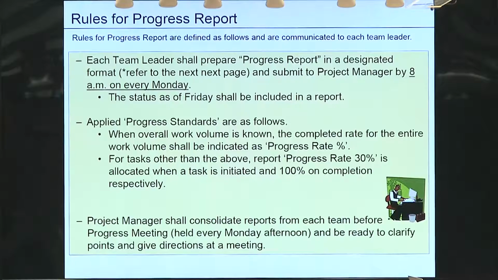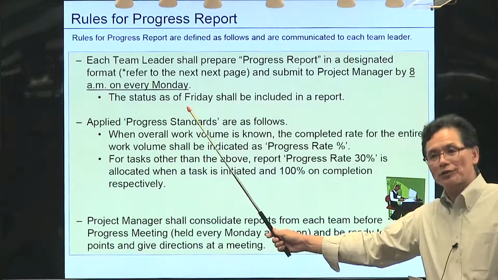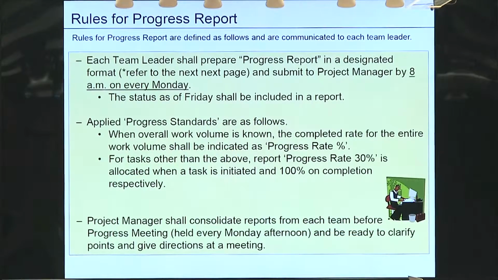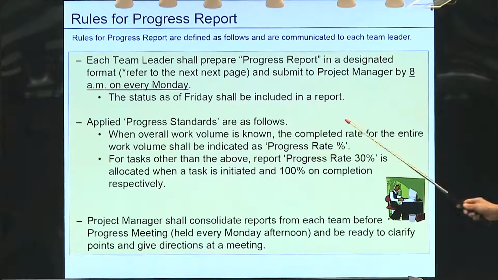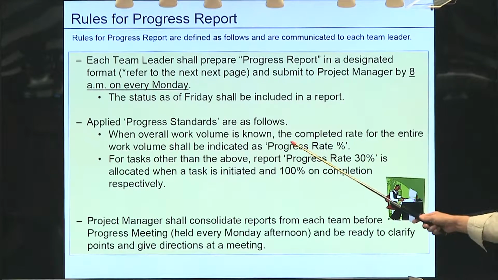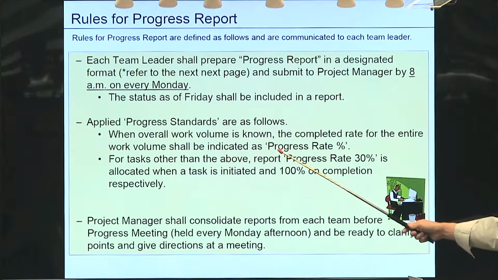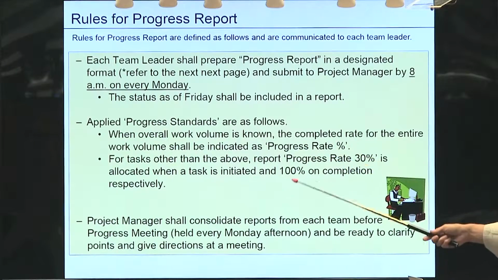And there are some rules for progress report. Each team has to submit the report every Monday morning, 8 a.m. and apply progress standards as follows. When you know work volume, you can apply progress rate. Do you remember progress rate? Or I can come back after this.